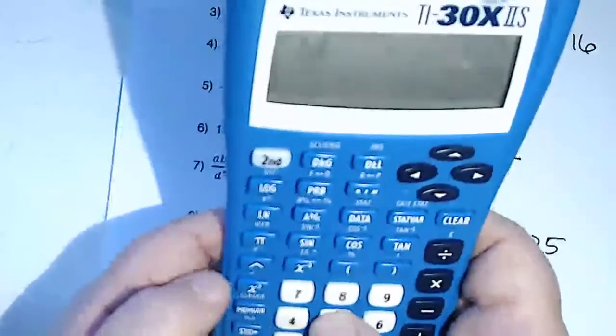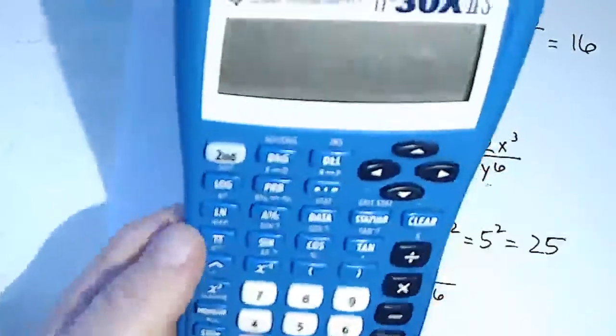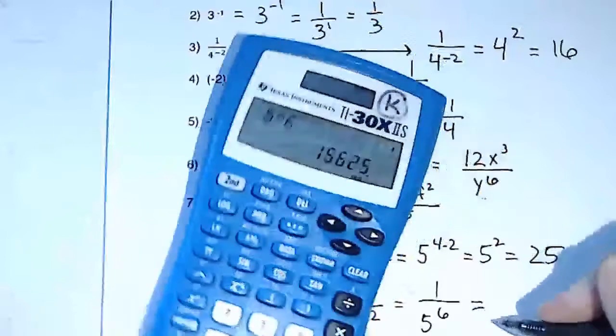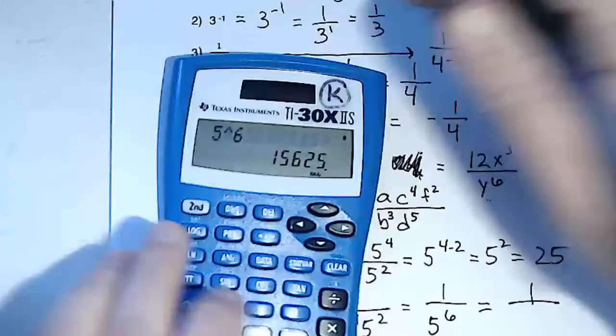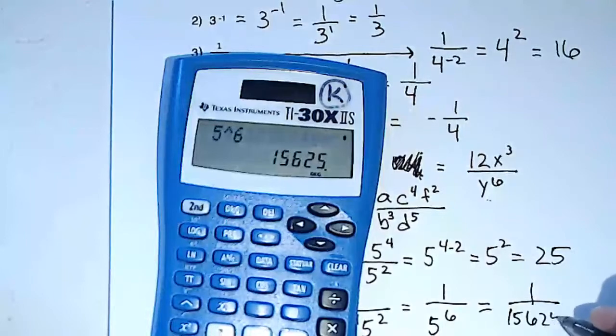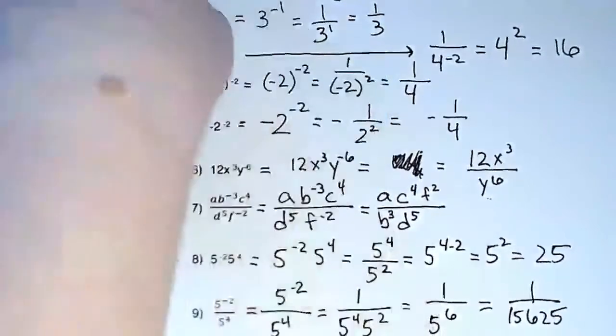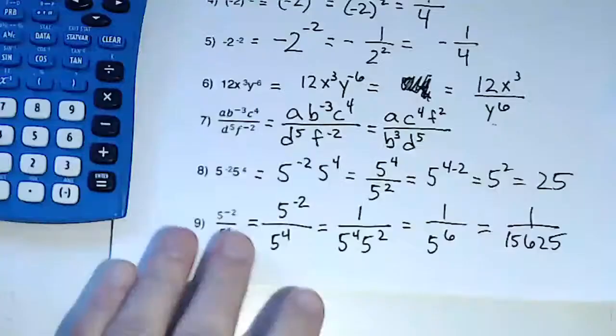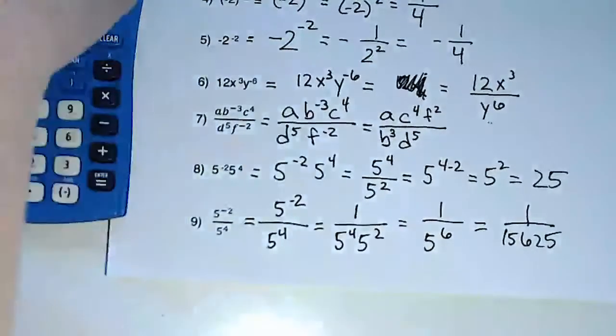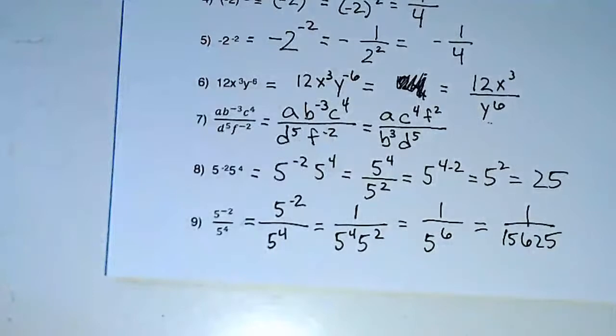Okay, let's do 5 to the 6th. Oh my goodness, that is not something I would have memorized. Let's see, 15625. 15,625 in the denominator. Oops, let me pull this up so you guys can see it. Woohoo! So we're at 8 minutes 50 seconds.